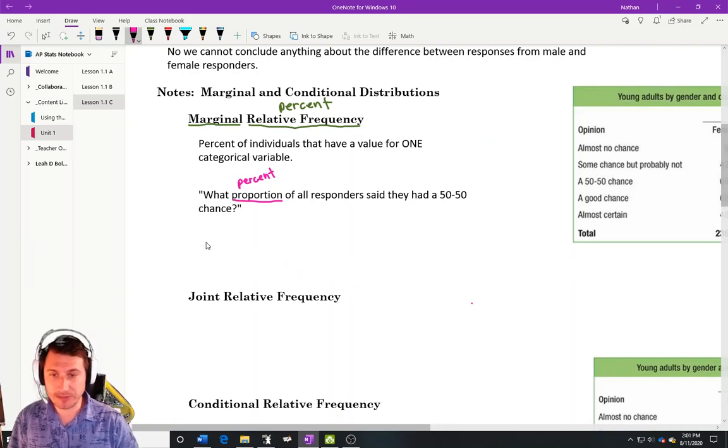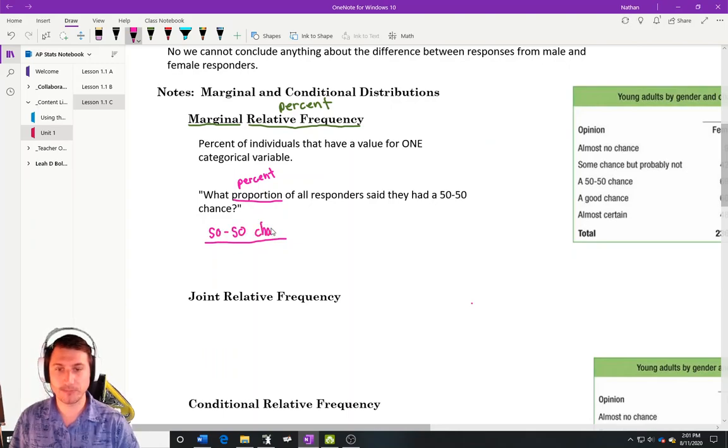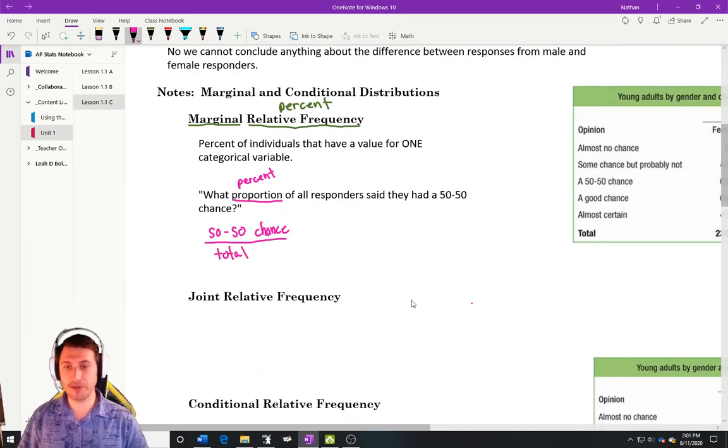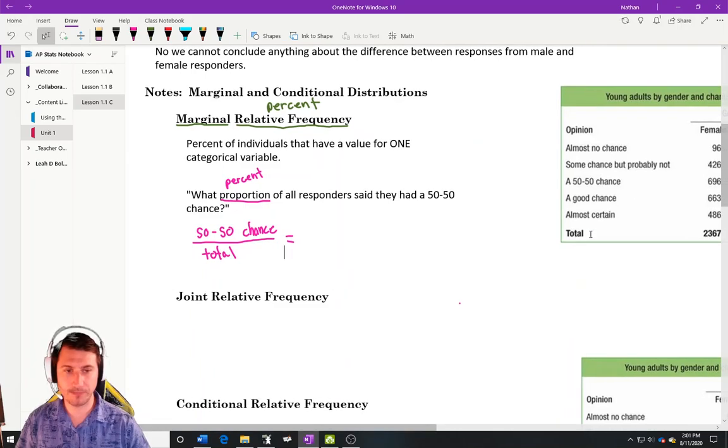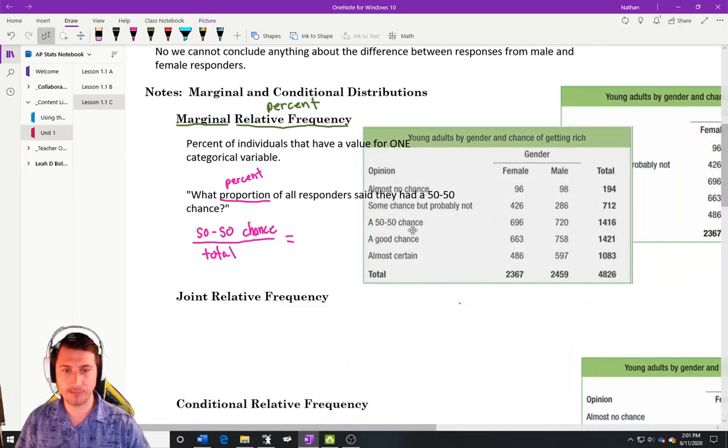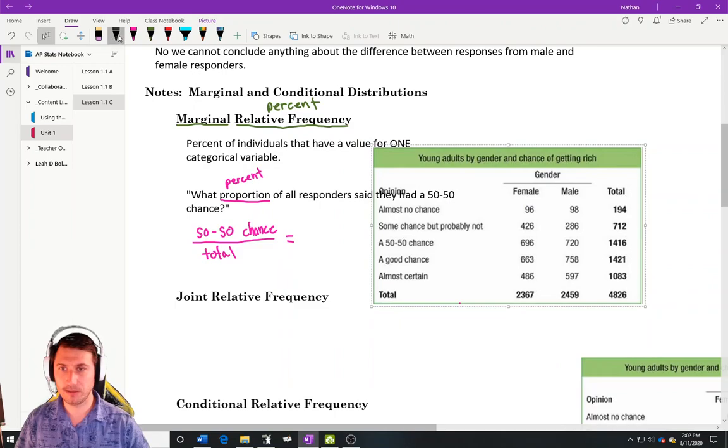Well, that's going to be a fraction. On the top, we're going to have everybody that said they had a 50-50 chance. And on the bottom of the fraction, it's going to just be the total number of responders. So we just have to go to our table, find those two numbers, and plug it in. So I've got it over here. Let's see. 50-50 chance.